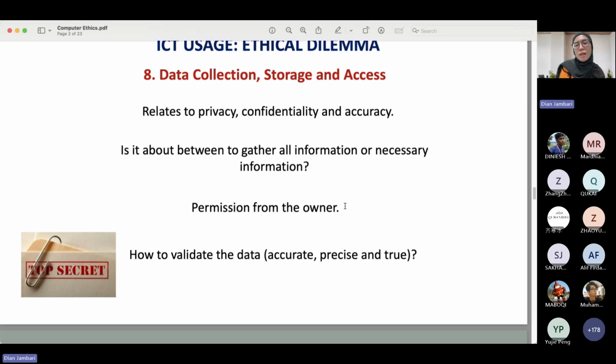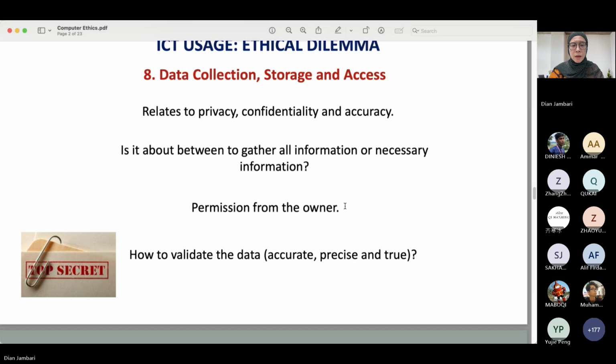Do I want to make it easy for me to access and manage, as compared to making sure that I follow the laws and regulations in terms of ensuring that the confidential information is protected properly? So that is an example of situations where you can be faced by ethical dilemma due to the use of ICT, particularly in the context of data collection, storage, and access.